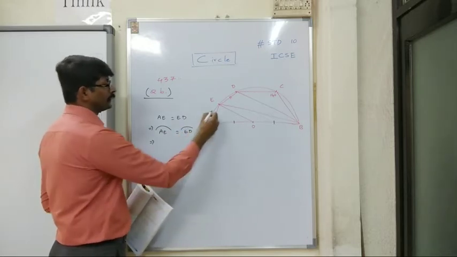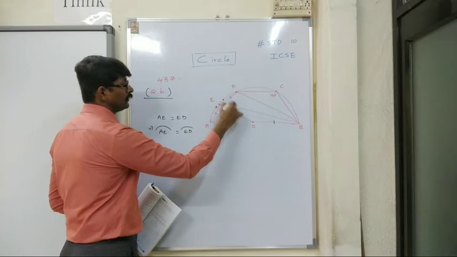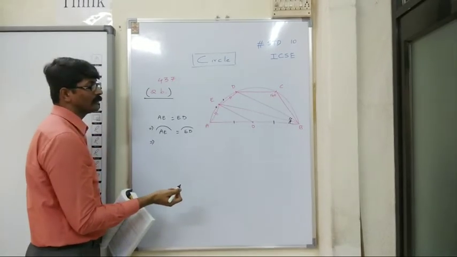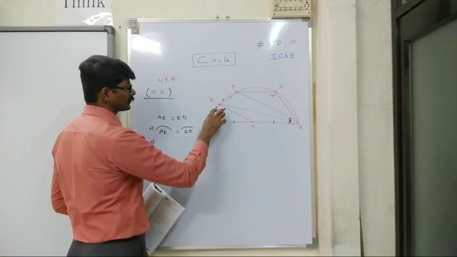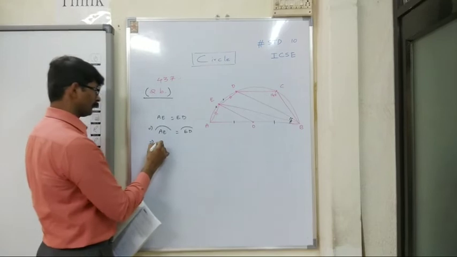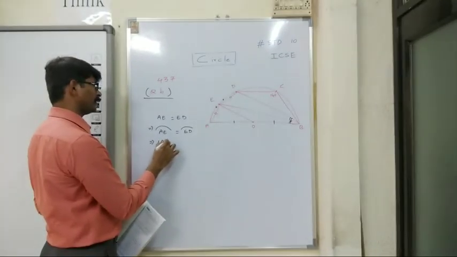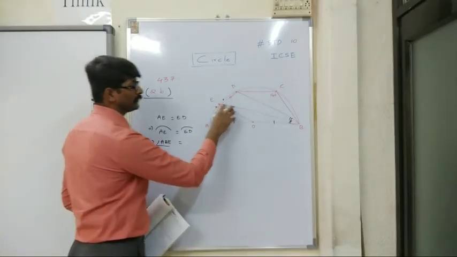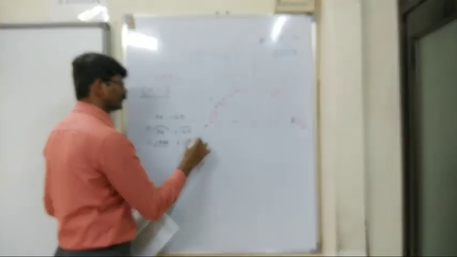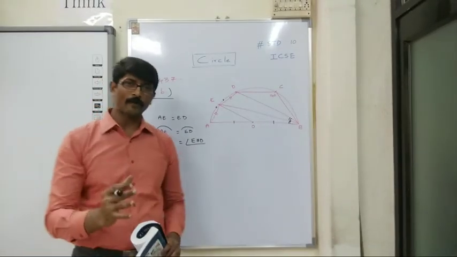If these arcs are equal, even the central angles or angles at the circumference will also be the same. So if these arcs are equal, therefore angle ABE is equal to angle EBD.